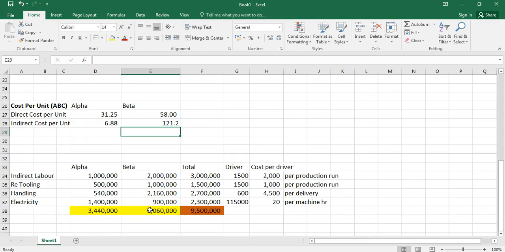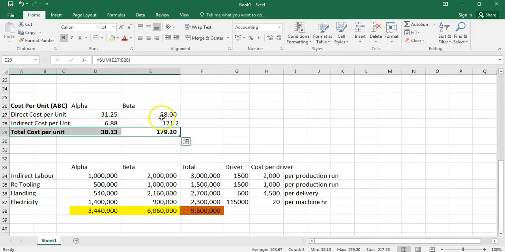So when we bring that together now, the total cost per unit, direct plus indirect, is 38 for alpha and 179 for beta. So the key insight was there.